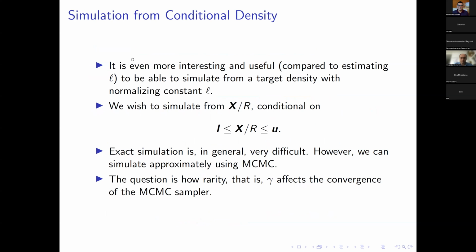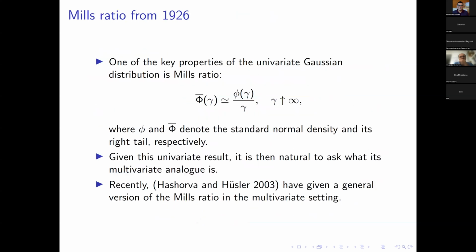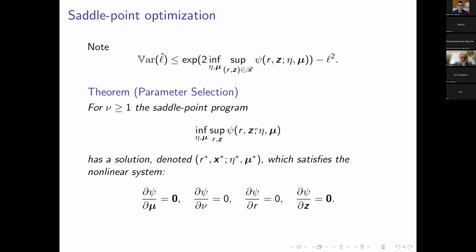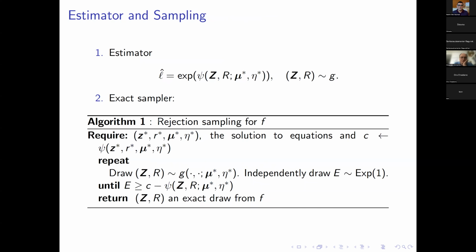Okay, so now we move on to the next bit. How do we simulate conditional on a rare event? So remember, we proposed something like naive rejection sampling.